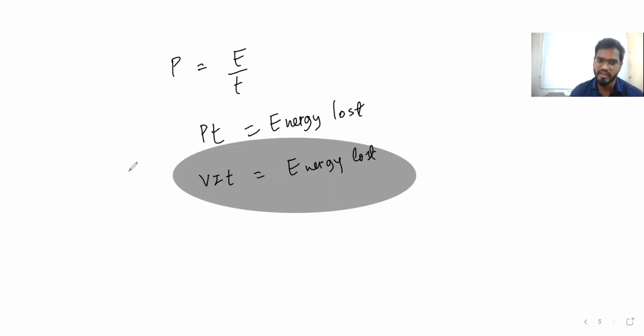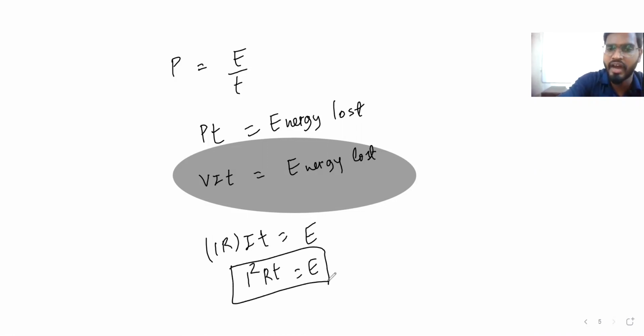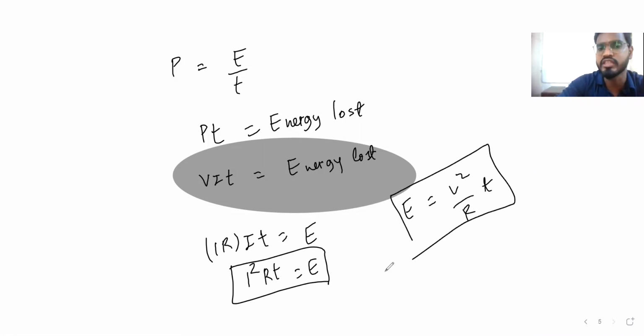V we can put as IR, so I square RT is energy lost. That is one formula. Second formula: I is V by R, so V square by R into time. So these are the three formulas.